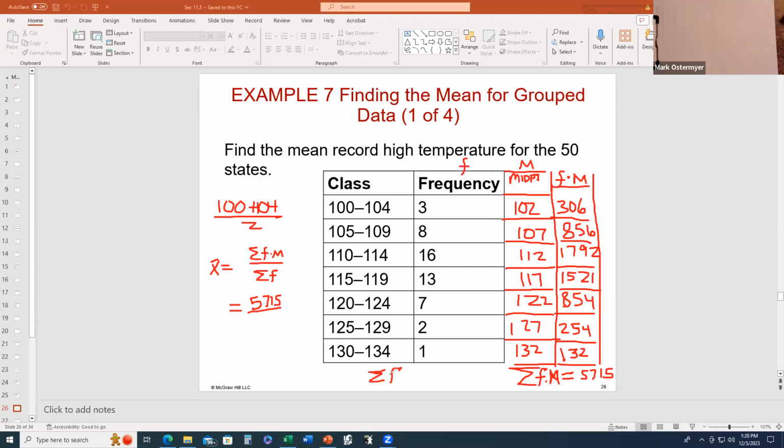What's the sum of the frequencies here? That's the sum of this column. So I got 3 plus 8 plus 16 plus 13 plus 7 plus 2 plus 1 gives you 50.